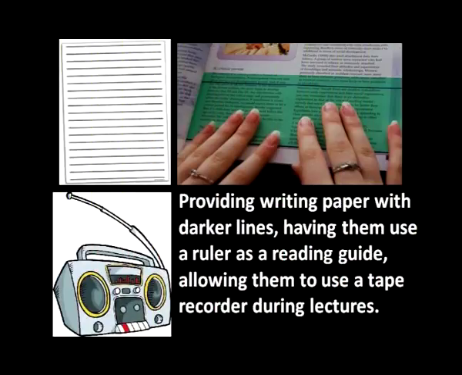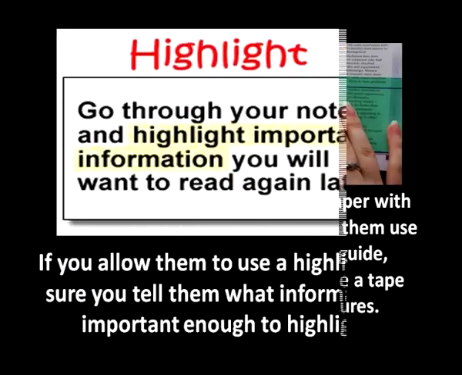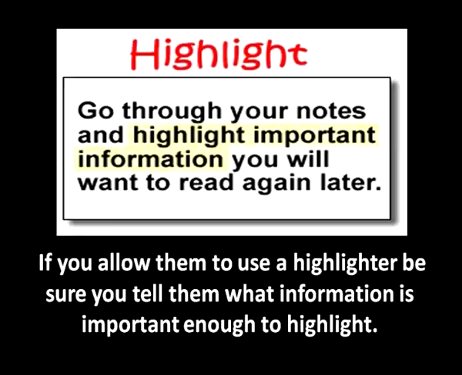Strategies to help the student with visual processing disorder function in the classroom can include providing writing paper with darker lines, giving assignments that have been broken down into small steps rather than presenting them with a large project, having them use a ruler as a reading guide, and allowing them to use a tape recorder during lectures. If you allow them to use a highlighter, be sure you tell them that information is important enough to highlight.